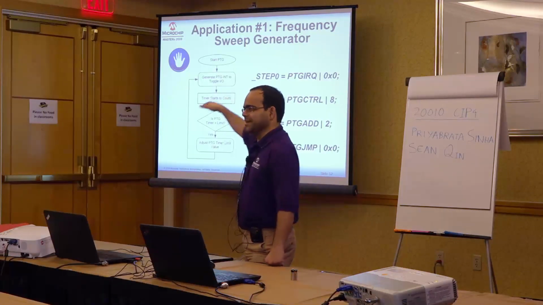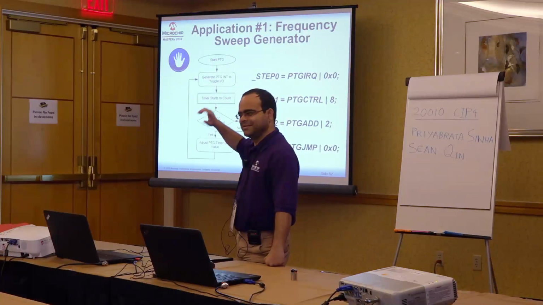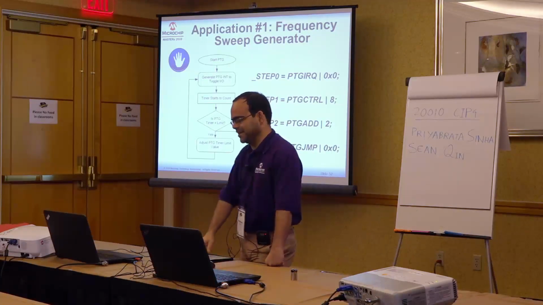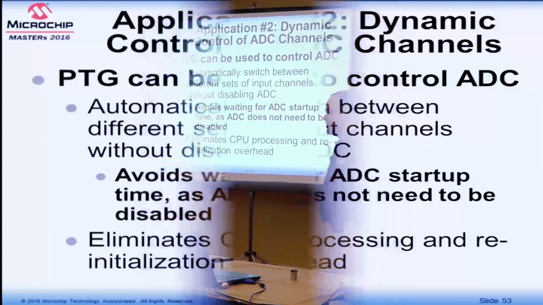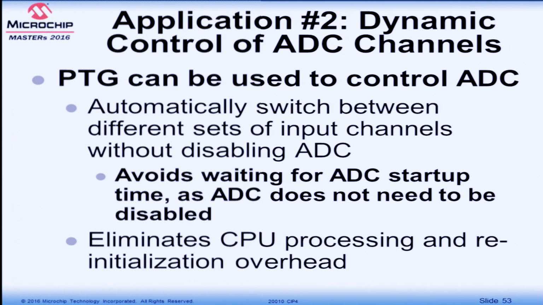So you could trigger the output compare to generate the square wave, and you could even use DMA to update those duty cycles or periods if needed. The next application we will look at is something that is very practical, dynamic control of ADC channels. We have already looked at that to some extent because in some cases the ADC channel selections need to be switched in different parts of your application, or between different portions of a waveform you would need to sample some different analog signals.